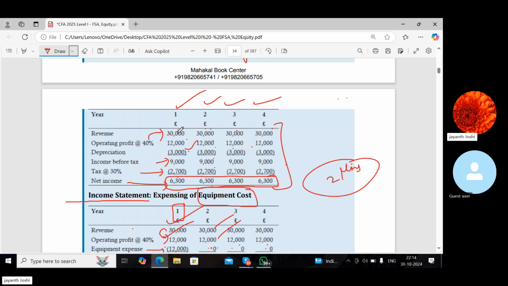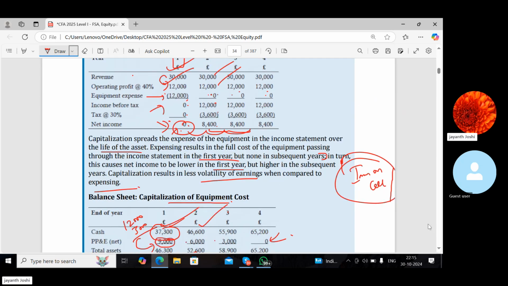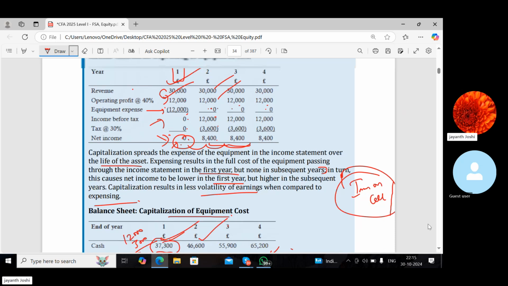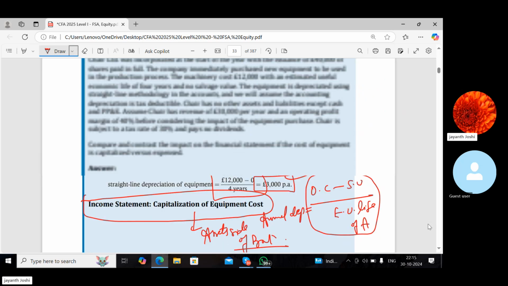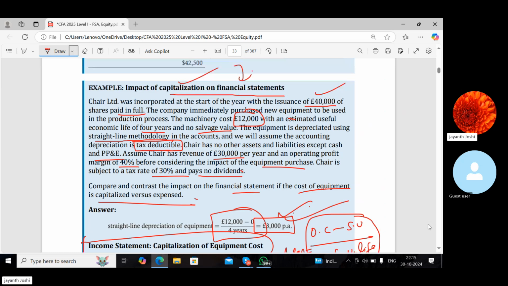See, revenue can be cash revenue or credit revenue, so there's no mention. So it is 33,700, right? 37,300. Actually, they haven't given any detail as such.